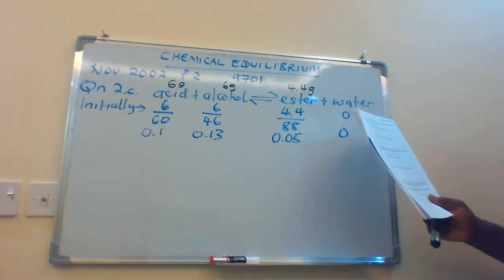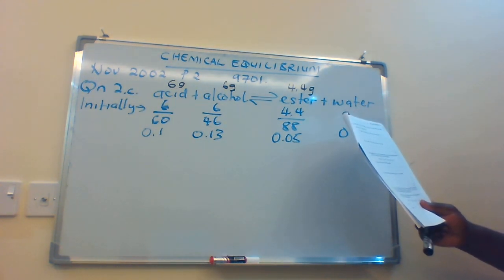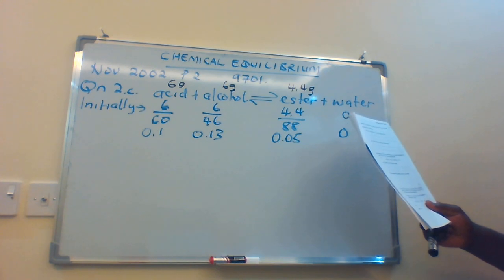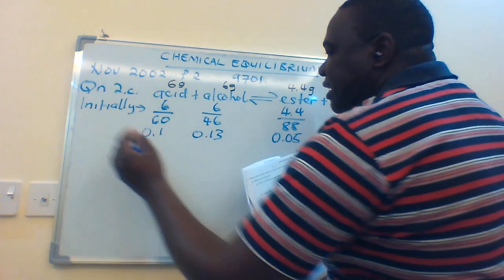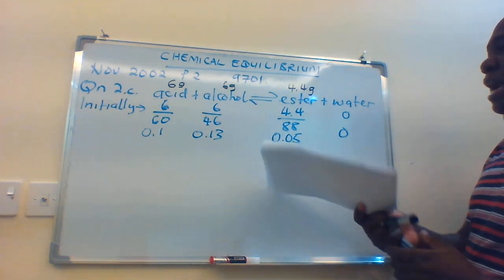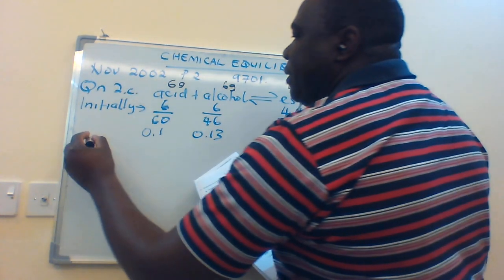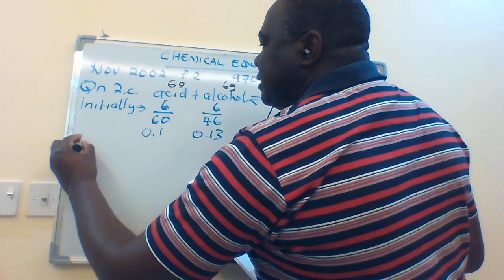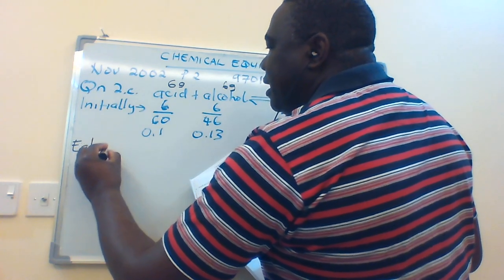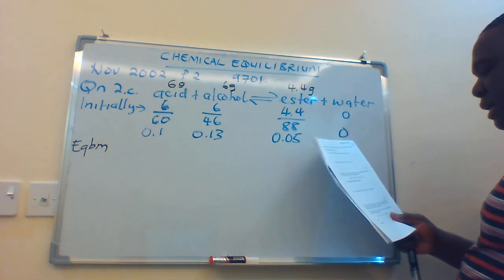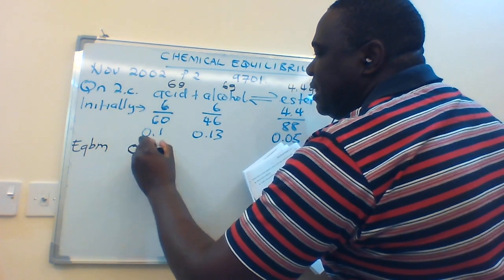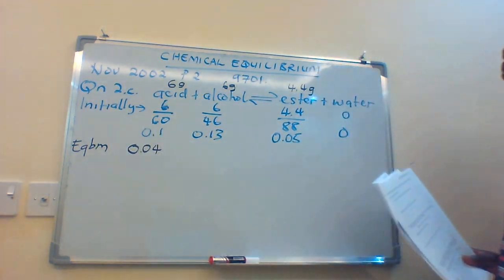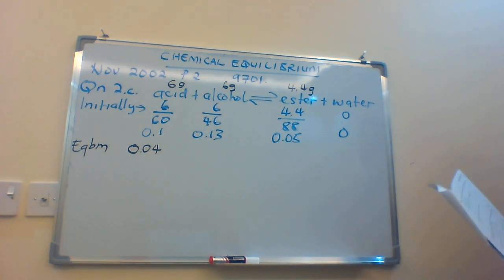According to this question, it was found that 0.04 moles of ethanoic acid was present at equilibrium. So this is initially, and at equilibrium, 0.04, which was given by the examiner, was now present.